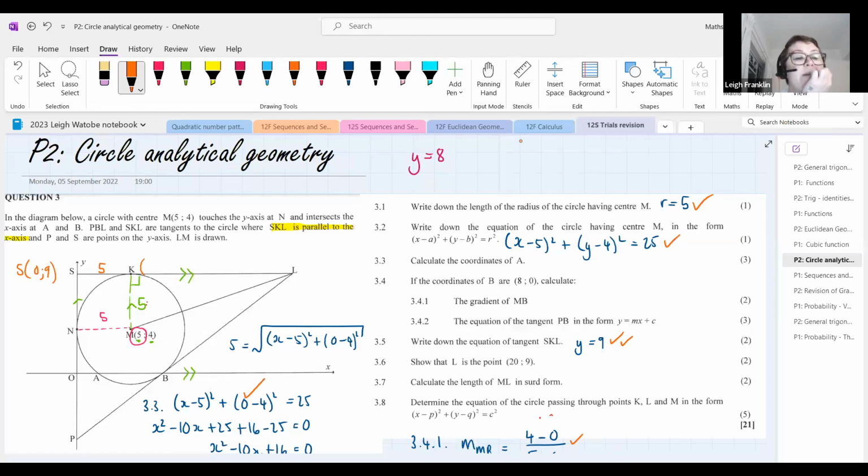The coordinates at K would be 5 and 9. Sorry, I suddenly thought I was onto something there, but now all of a sudden I don't think I was.